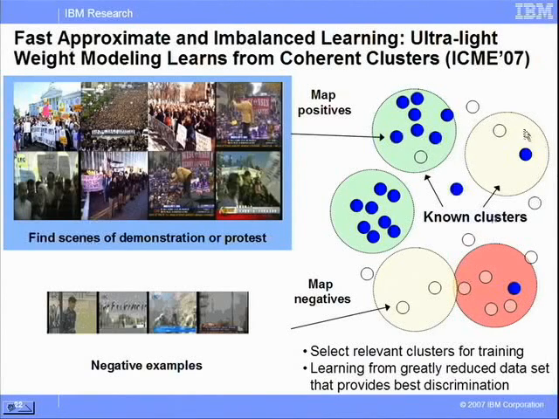So we worked on a technique, and this was published in the conference on multimedia this summer, which leverages unsupervised classification along with the modeling to say that, well, the computer can figure out where the pockets of similarly appearing visual content appear. And what we do is we take our examples and we just map them to those pockets.